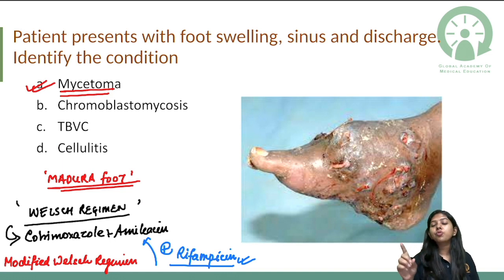If it's caused by true fungi, there will be discharge of black grains, which are colonies of these organisms. If it's not black, it's cream colored or white, and you're looking at actinomycetoma. Why important? Because the treatment is different. You have to identify whether it's caused by a bacteria or a fungus, and accordingly you will treat them.